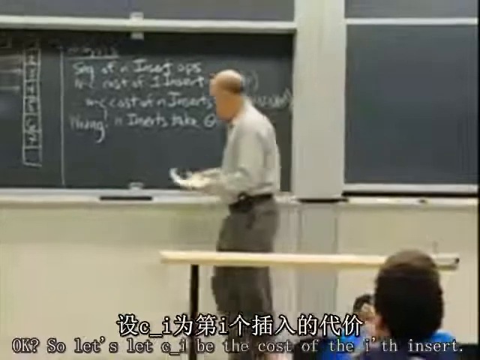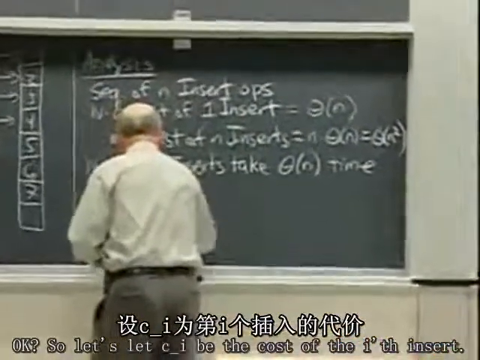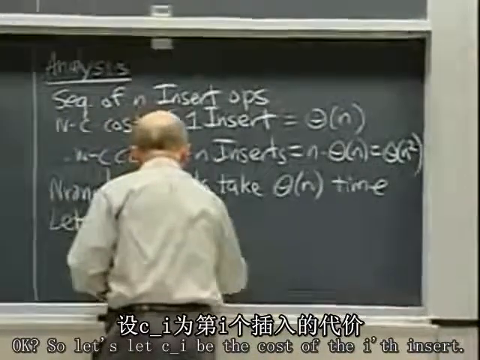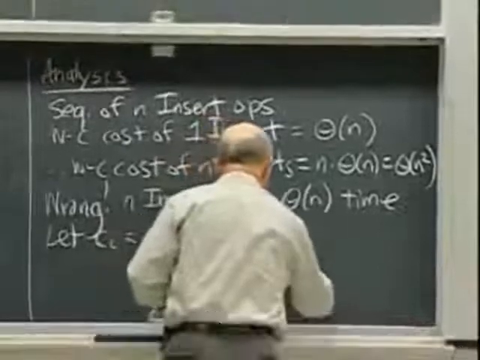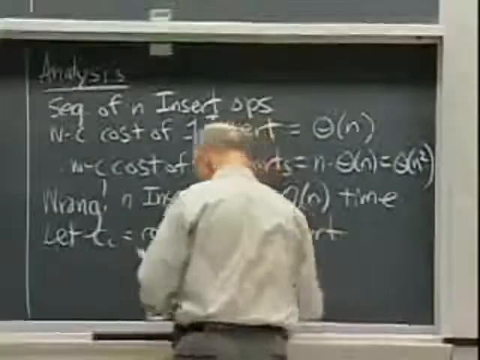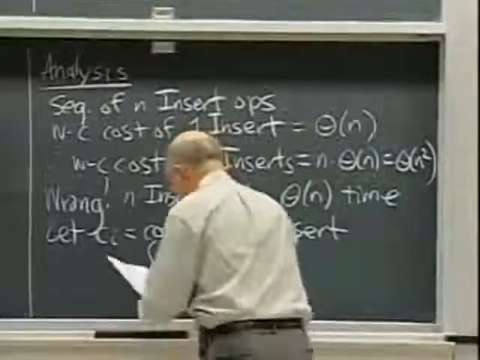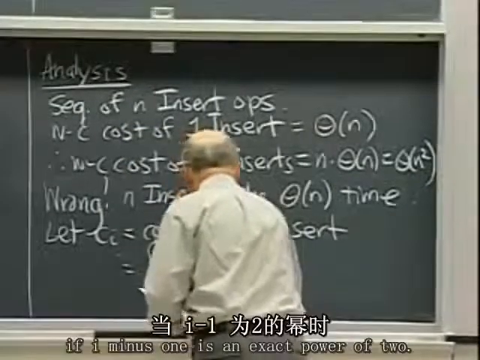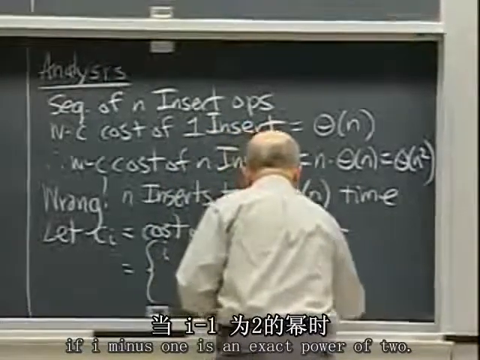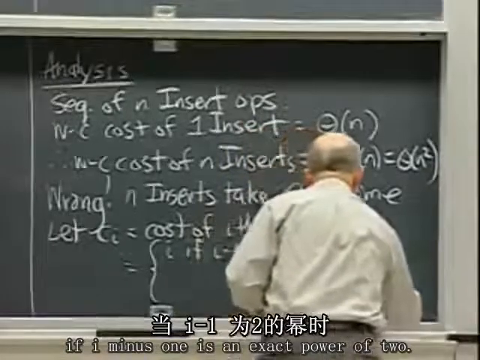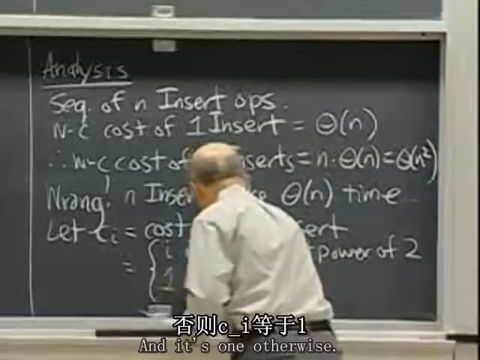Okay, so let's let C sub i be the cost of the ith insert. So that's equal to i if i minus 1 is an exact power of 2, and it's 1 otherwise.